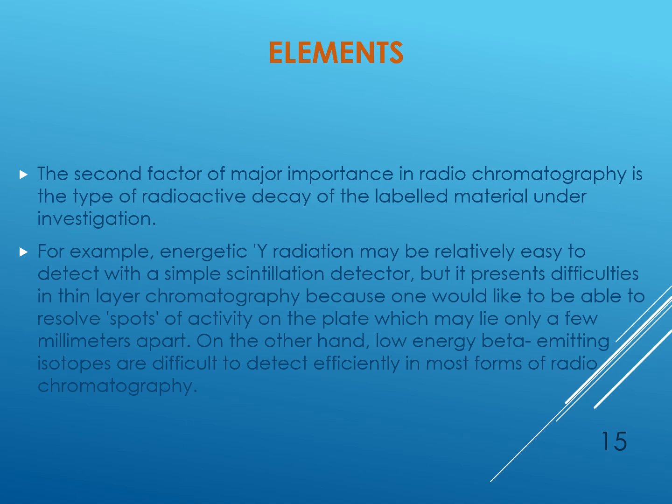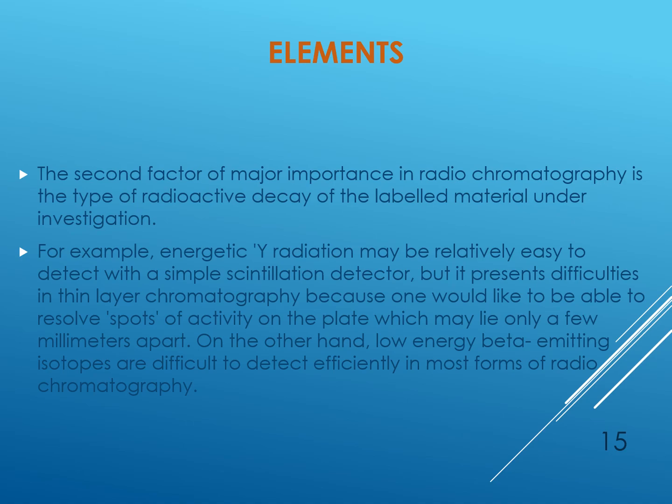Now, the second factor of major importance in radiochromatography is the type of radioactive decay of the labeled material under investigation. For example, energetic gamma radiation may be relatively easy to detect with a simple scintillation detector, but it presents difficulties in thin layer chromatography because one would like to be able to resolve spots of activity on the plate which may lie only a few millimeters apart.